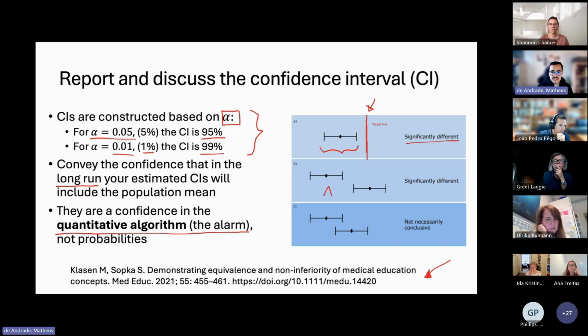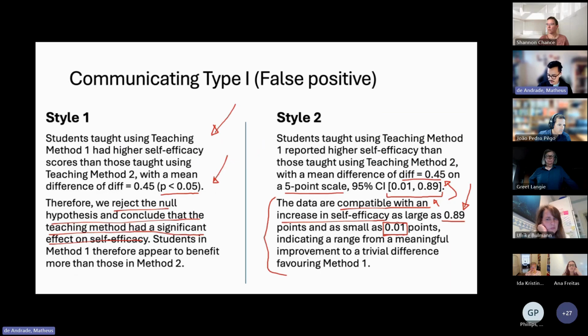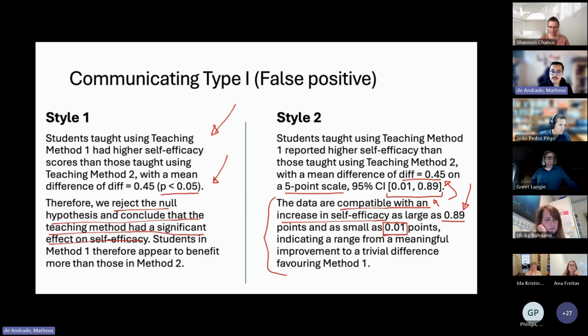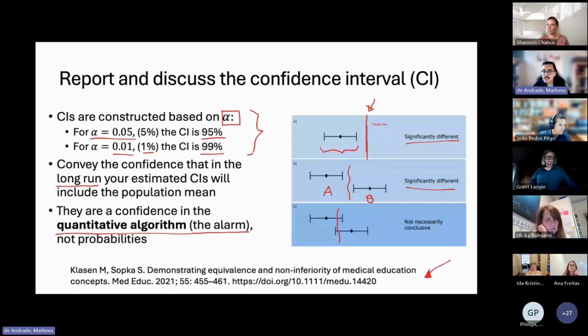You could plot confidence intervals or calculate them for two groups, group A and group B. If the confidence intervals do not overlap, this would somehow be equivalent to saying that they're significantly different. If they overlap, this would not mean that they are not significantly different. It would mean that we cannot reject the idea that they are the same.